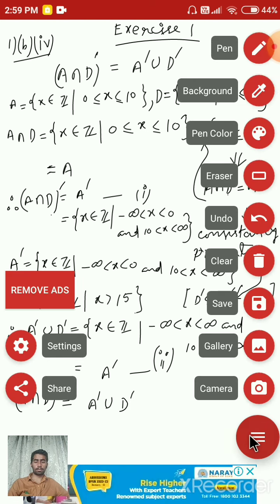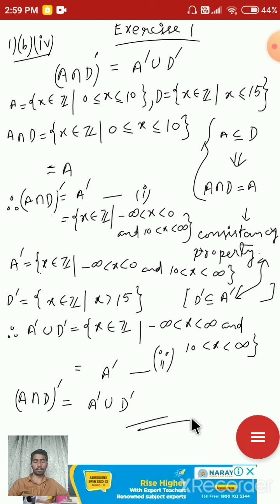Therefore, we have completed the verification of the identity (A intersection D) complement equals A complement union D complement.